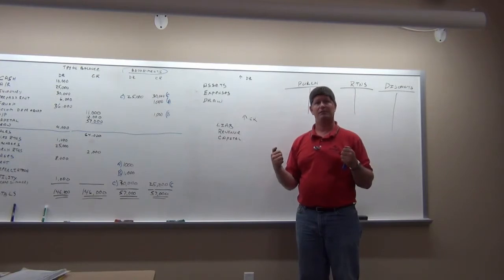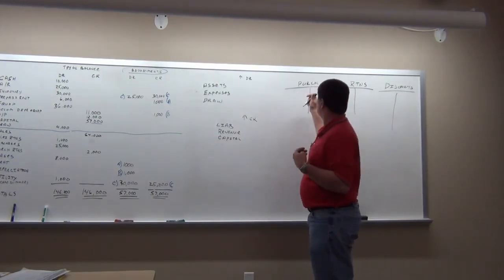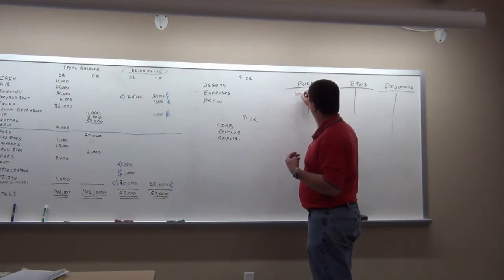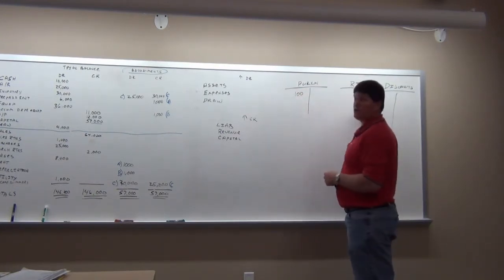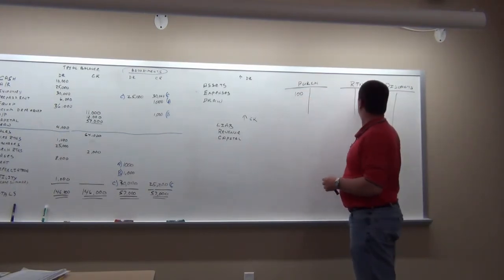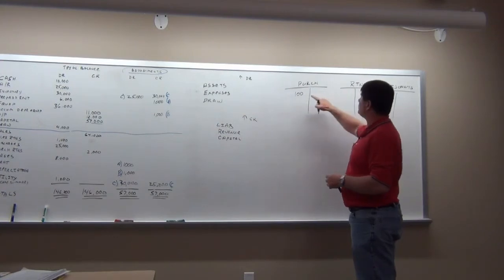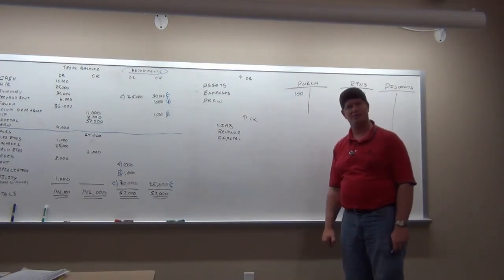Correct? Okay. So purchases are an expense. That's our cost. So if we buy something, that's a cost. It's a debit. If we return it, we no longer have the cost, but we track it in its own account. It's a reduction of the cost, so it's a credit.